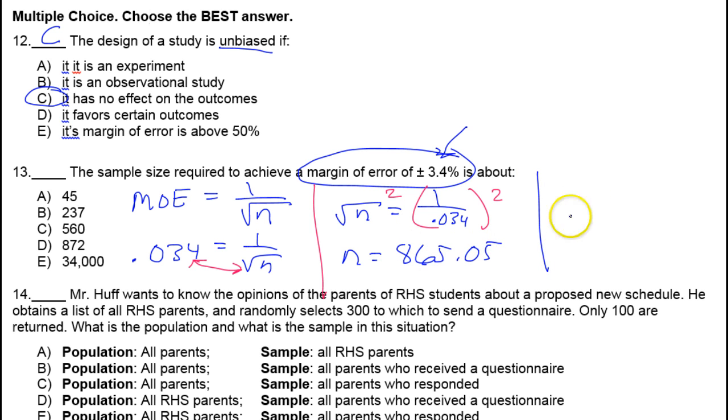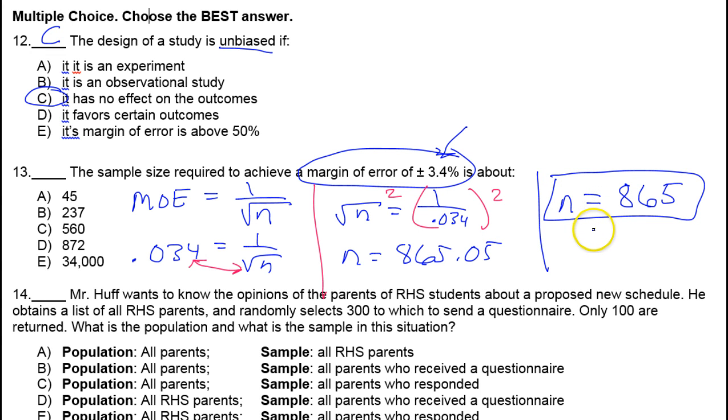Now, how would I really write this in my final answer, guys? I would definitely just write 865 because n represents the number of people surveyed or the number of objects measured. This can't be a decimal. So round up or down to the nearest whole number anytime you are finding the sample size.